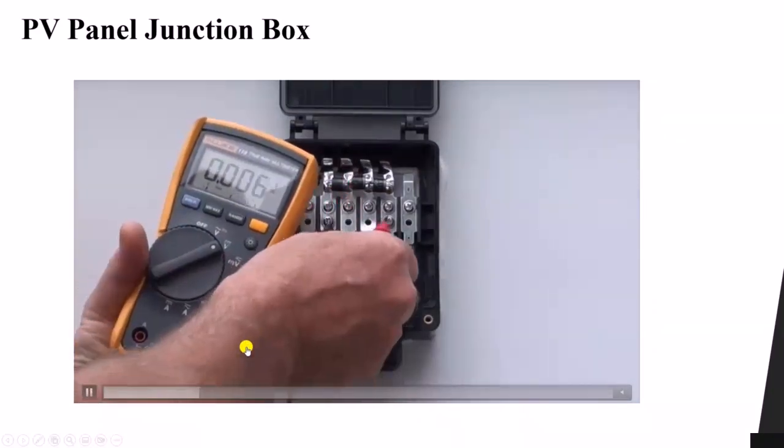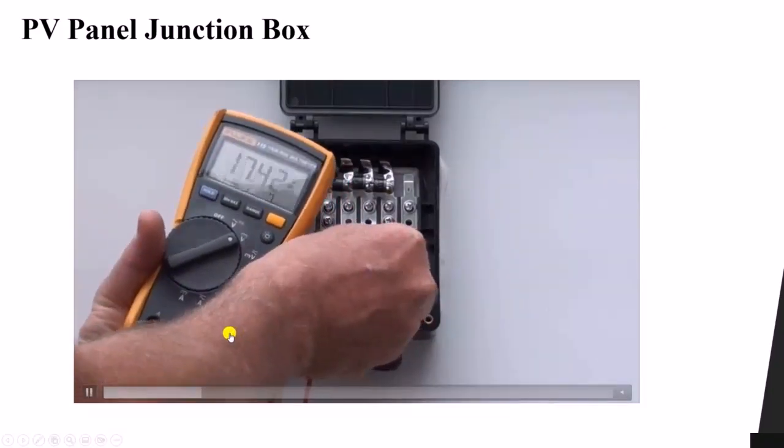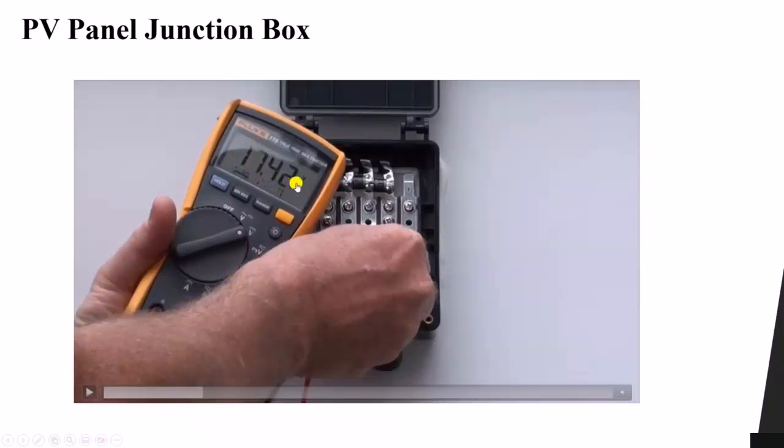Okay, you can see that the voltage here is 17.42 volts. It means that this is actually the positive and this one is the negative. Okay, we are connecting correctly. So if this value is negative, it means that we have the reverse.